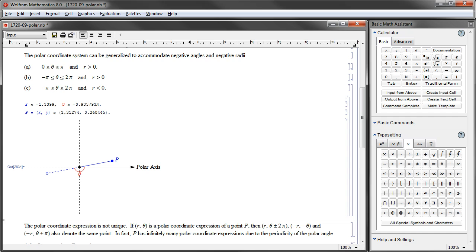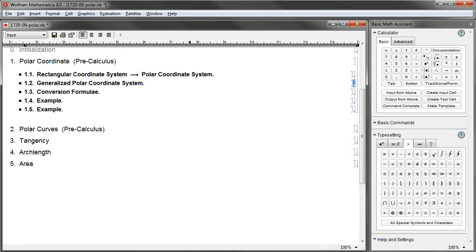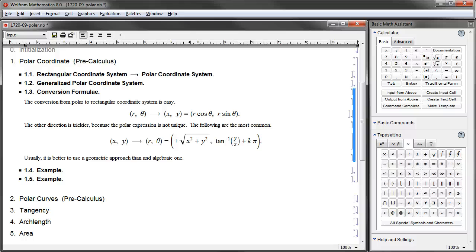Run it again, another similar situation. The theta value is negative 0.93 something, so we should be moving toward the third quadrant, but r value is negative, so we go backward and move to the first quadrant. In general, we have this kind of conversion. r, theta can be converted into x comma y equals r cosine of theta comma r sine of theta.